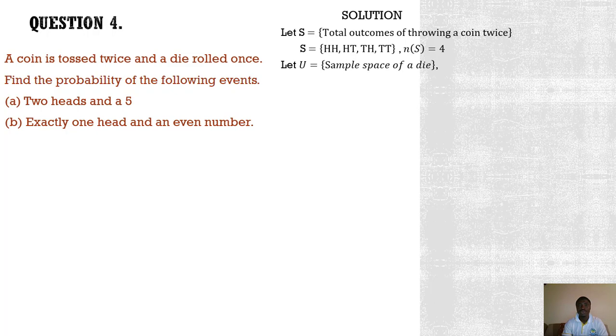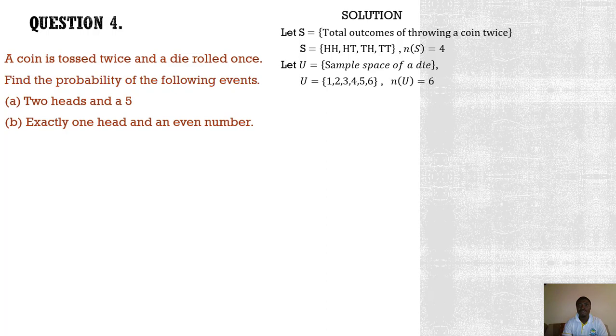Also, let U be equal to sample space of a die. Now, you all know that when a die is rolled or is tossed, the possible outcomes are 1, 2, 3, 4, 5, and 6.